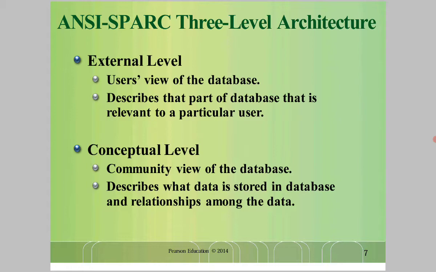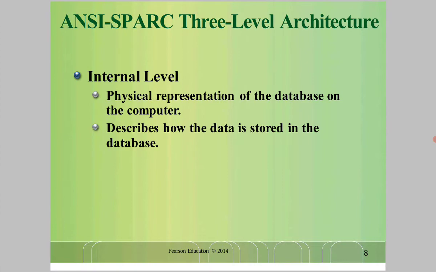Second one is the conceptual level. The community view of the database describes what data is stored in the database and relationships. In the conceptual level, all the relationships among various tables and databases are established. And the third level is the internal level. In the internal level, the physical representation of the databases on the computer describes how the data is stored.